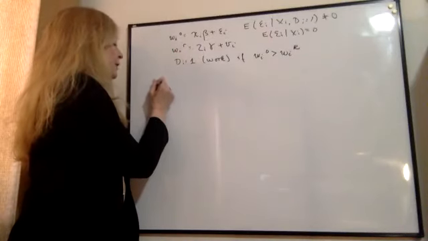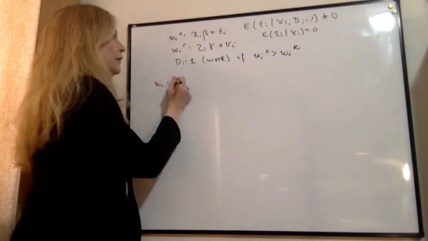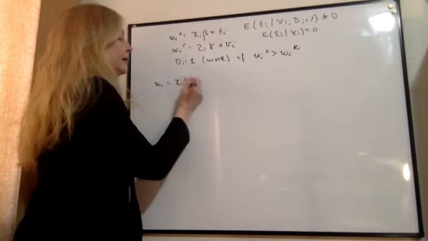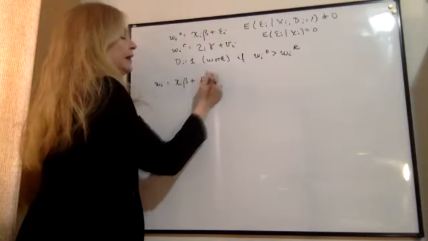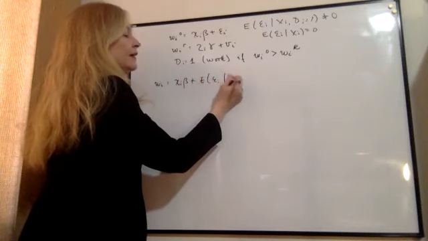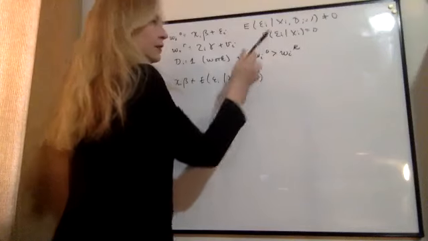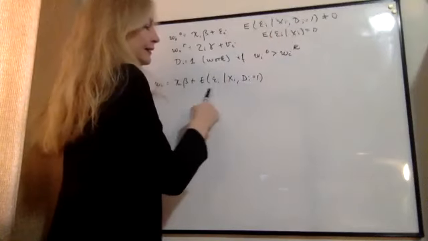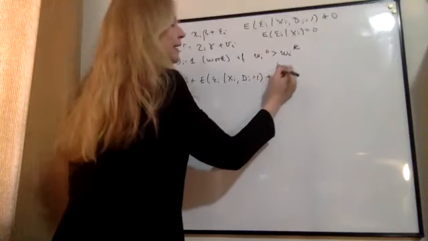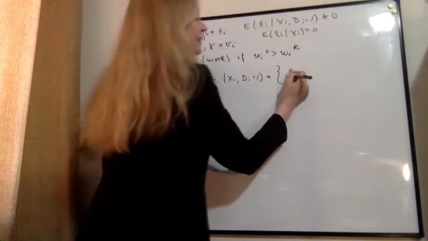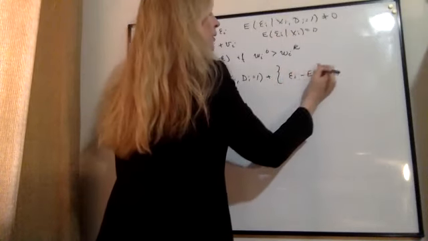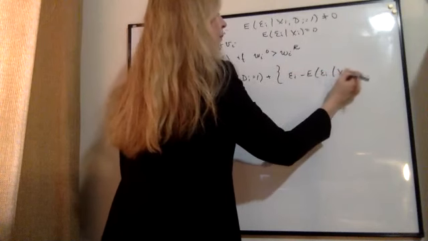So the observed wage you can write as x_i beta plus E of epsilon_i given x_i, given d_i equals 1. So we're basically adding the bias term, and then we'll subtract off the same term.